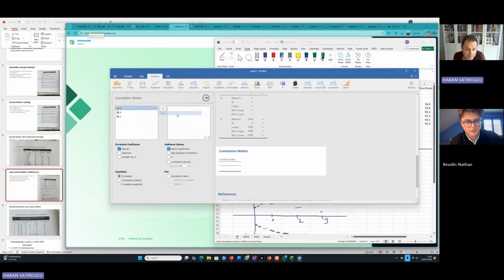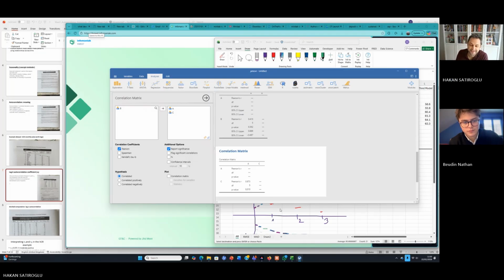So I'm going to put A and C. No, it's significant, you see? It's actually pretty good. And you can say that they are significantly correlated with the second lag rather than the first.